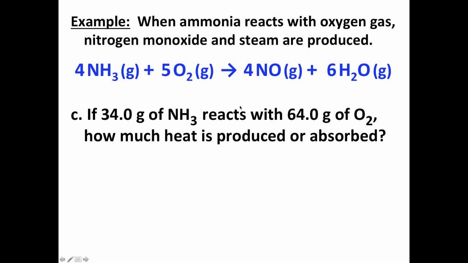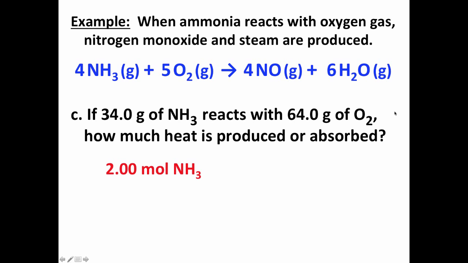Okay, now how about a quantitative aspect involving amounts of ammonia and oxygen, our two reactants? And this should be fairly straightforward to do. We have 34 grams of ammonia. If you figure out its molar mass and convert to moles, you should determine that that's 2.00 moles of NH3.